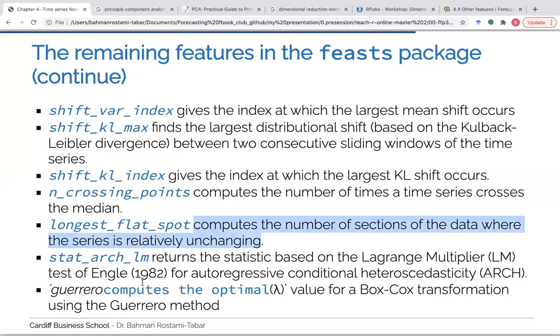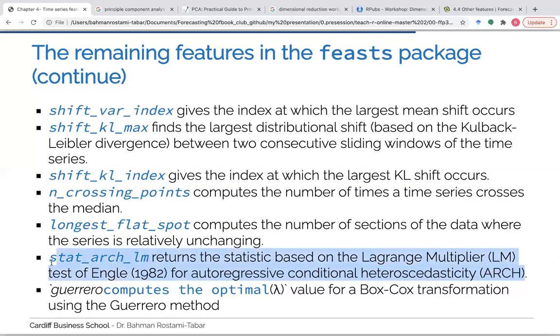We can also have stat underscore arch LM. Again, this is a feature that returns the statistics based on this statistical test, or this is a paper. I'm not familiar with this as well. I have never used arch models before. So again, this is something you might investigate.